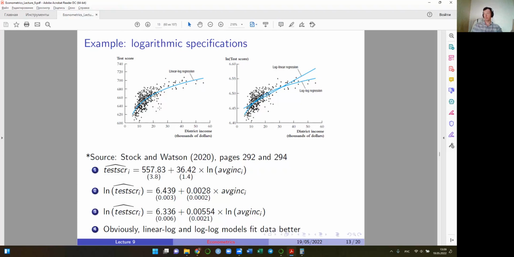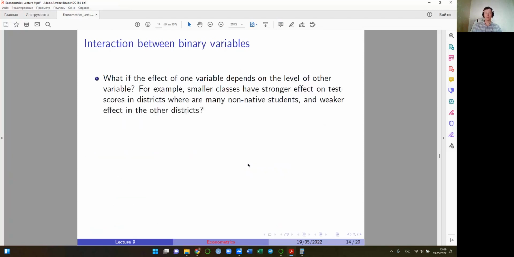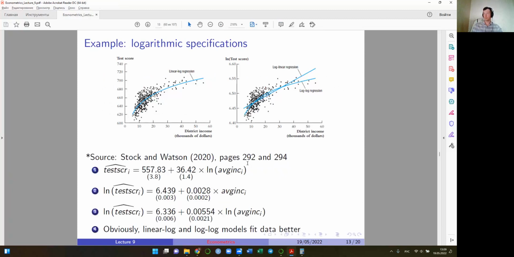So we believe that the first model fits the data and we can perform some predictions or some analysis with its help.